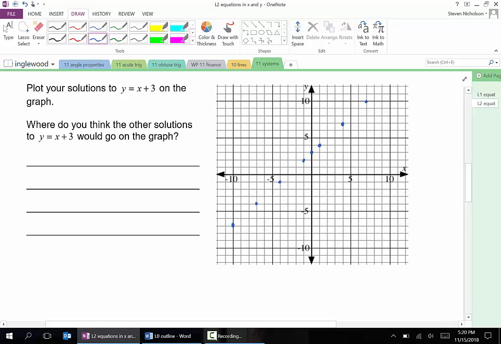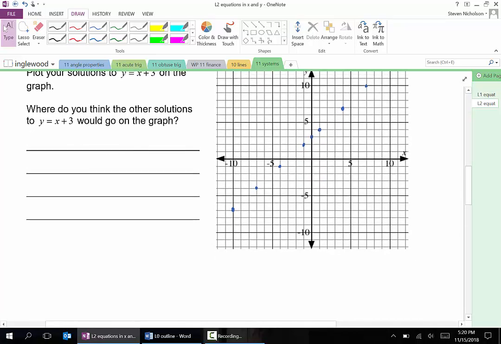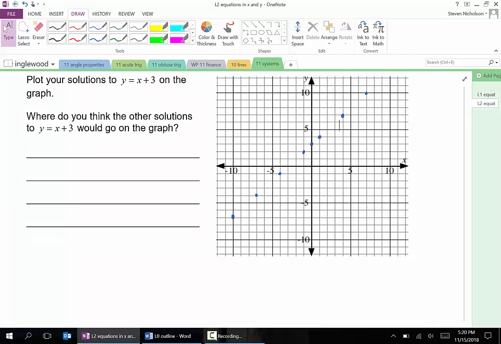So when you plot the ones I've plotted, what you'll notice is they all line up. And again, for you, I want you to actually use a ruler, but this computer won't let me, so I'm just going to have to draw the best line I can.